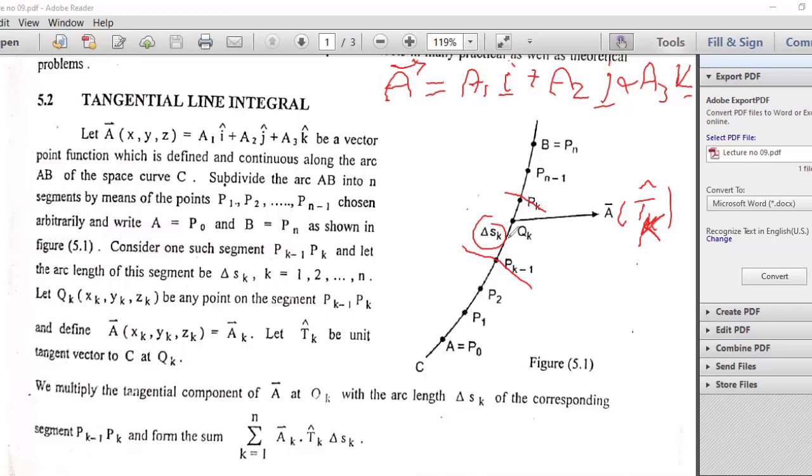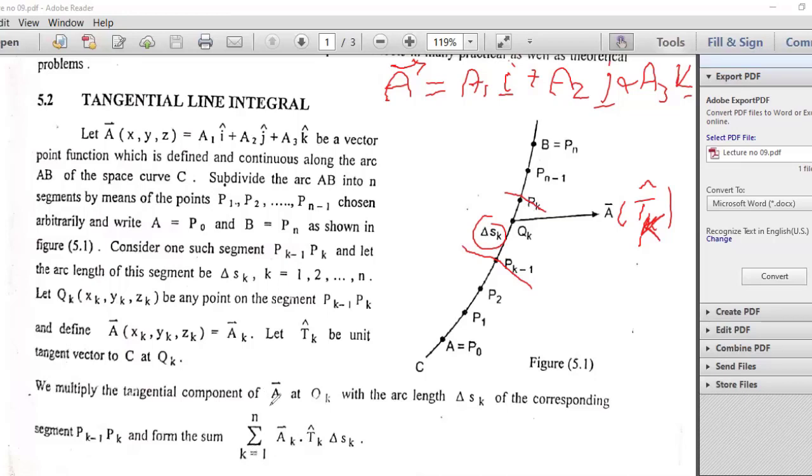First of all, we add the length from P1 to P2, then P2 to P3, then P4 to P5, and so on up to Pn minus 1 to Pn. Here we use the general case Pk minus 1 to Pk.